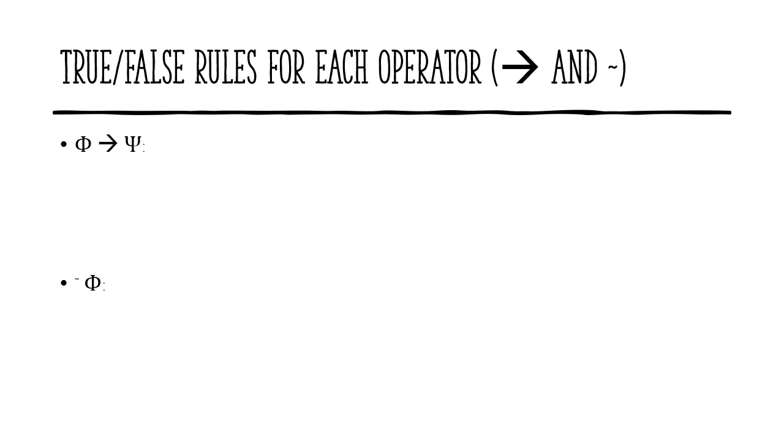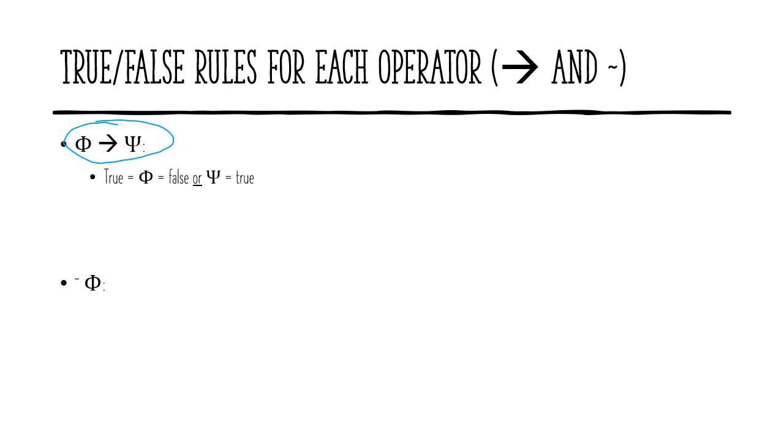But let's go through the true instance first. So this arrow is true where either the left side is false or the right side is true.